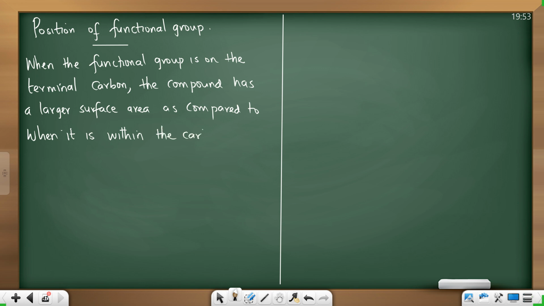I'll give you a very good example. Let's look at this. Butane 1-ol. And butane 2-ol.